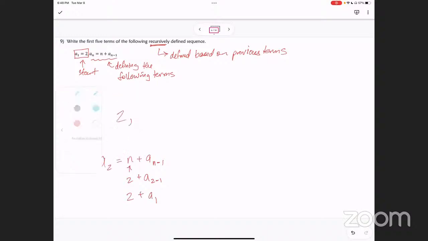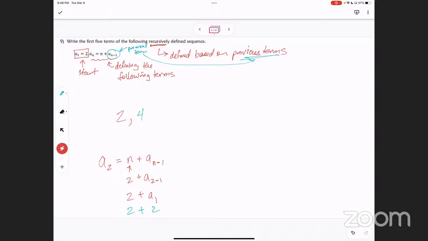Here's your previous term. So this is just 2 plus 2. 2 plus 2 is 4.